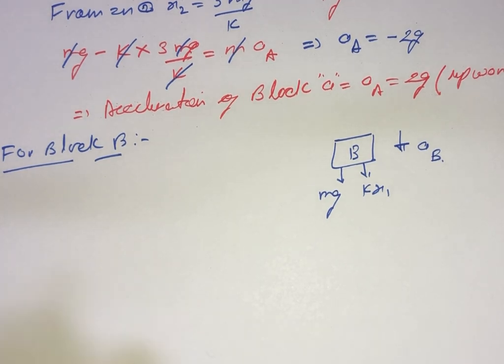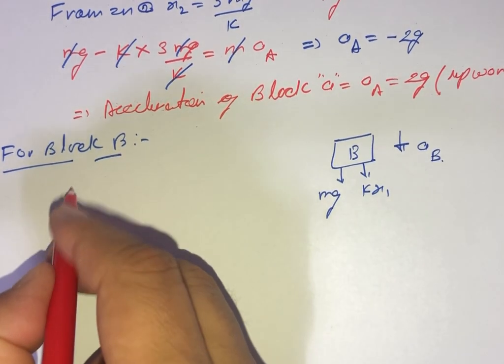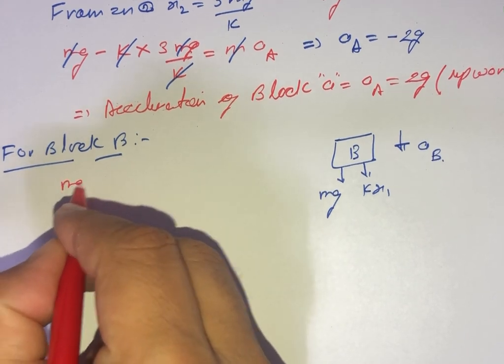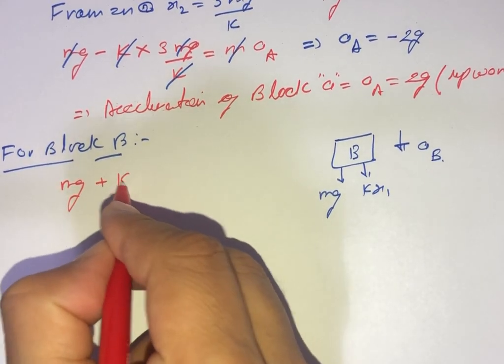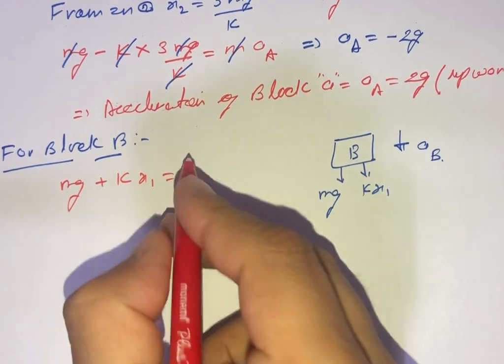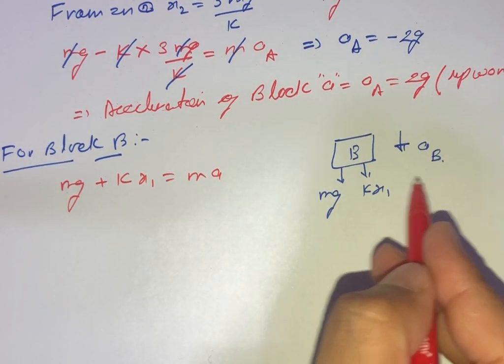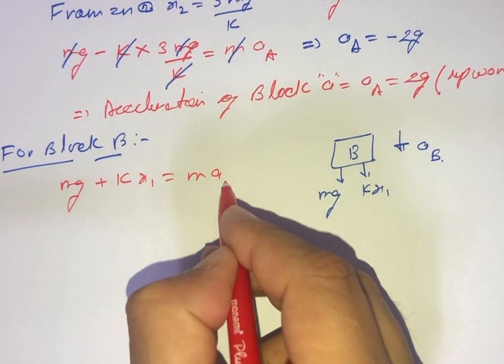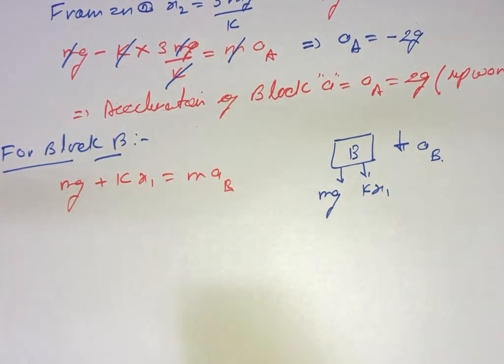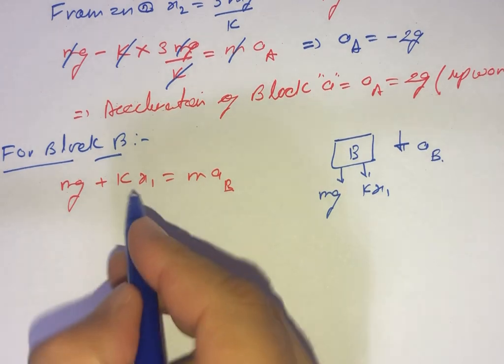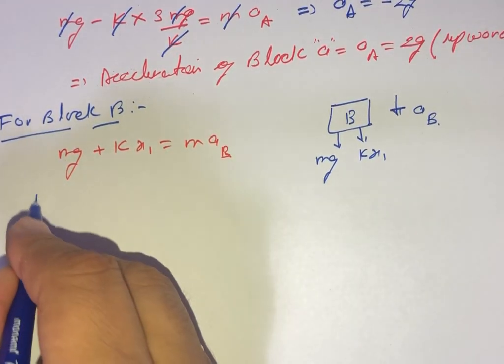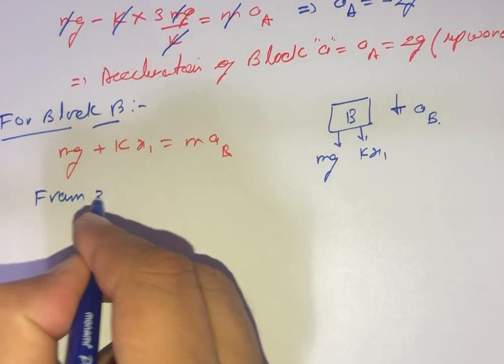So from here we can say that mg plus kx1 is equal to maB.